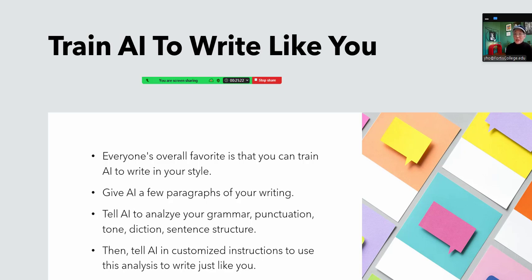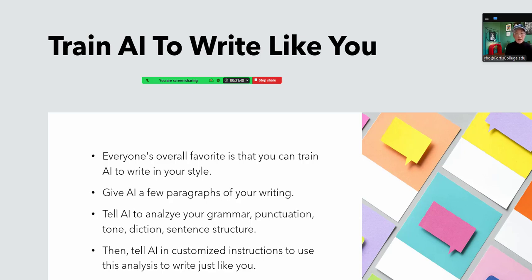And here is the greatest part about my book: you can train AI to write just like you. Everyone's overall favorite part of this book is in chapter 2, in which I go over in detail how you can train AI to write just like you. You give AI a few paragraphs of your own writing.